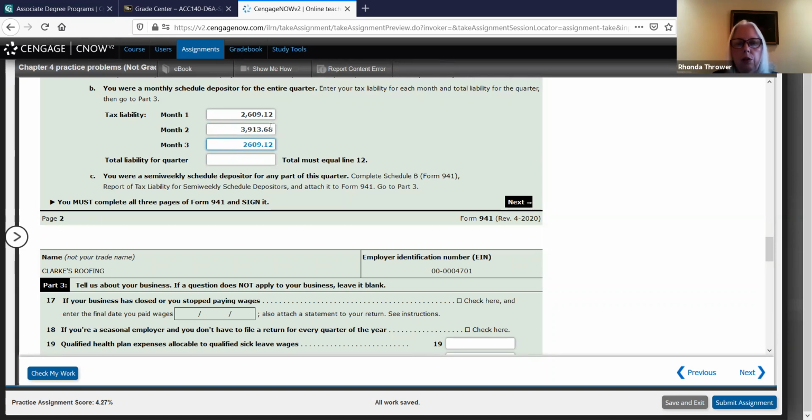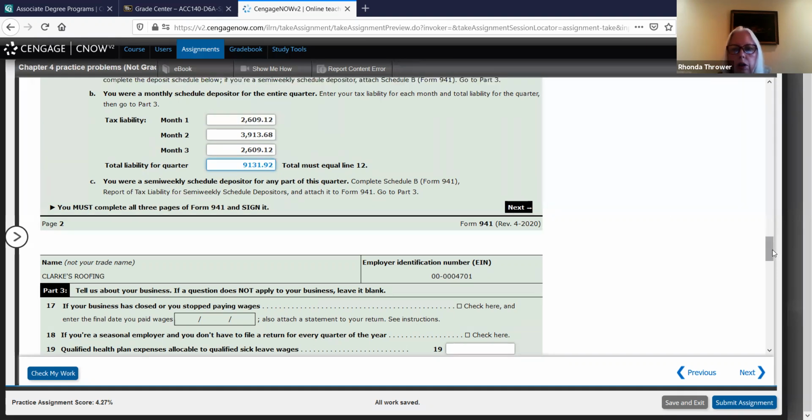Then you're going to combine all 3 months' tax deposits together to get the total for the quarter. And the total for the quarter is $9,131.92. And this total has to equal line 12.